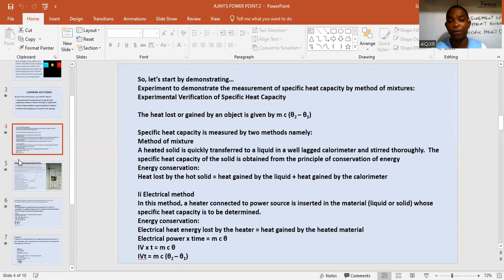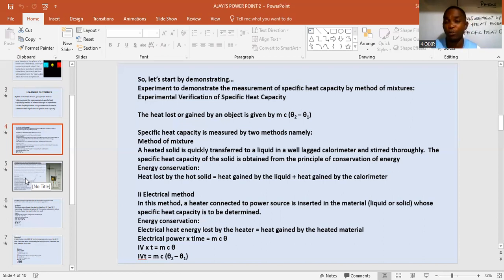So the second method is the electrical method. In this method, a heater is connected to a power source and it is inserted in the material, be it a liquid or solid, whose specific heat capacity is to be determined. Then the principle of conservation of energy still applies in that instance, meaning electrical heat energy lost by the heater is equal to the heat gained by the heated material.